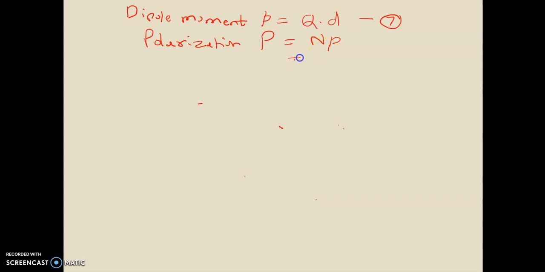But we have also seen this equation as epsilon 0 susceptibility. Susceptibility you can draw like this, Xe, because I could not type that symbol. So polarization is equal to epsilon 0 into susceptibility into E. This is equation 8 we have seen.